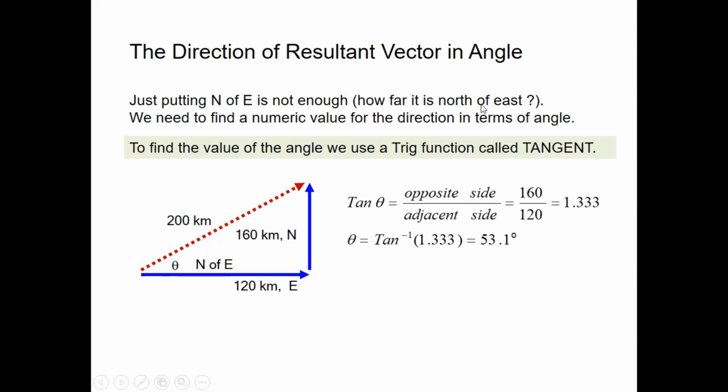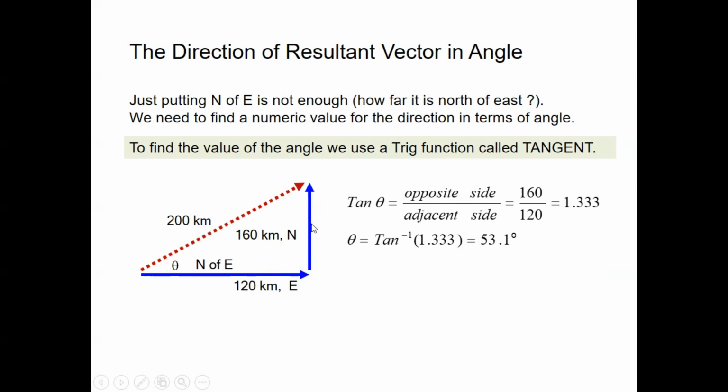How far we are from the north towards east, we need to find some numerical value for this direction, and for this we can use the trigonometric function called tangent. Tangent is basically the magnitude of the perpendicular divided by the magnitude of the base. So the opposite side and the adjacent side of the angle theta is tangent theta, or, easy to remember, the perpendicular divided by the base.